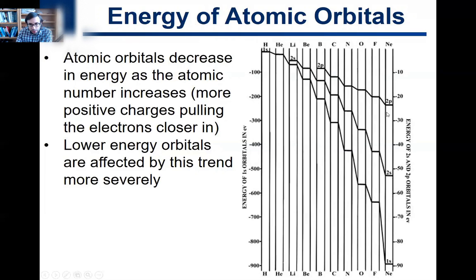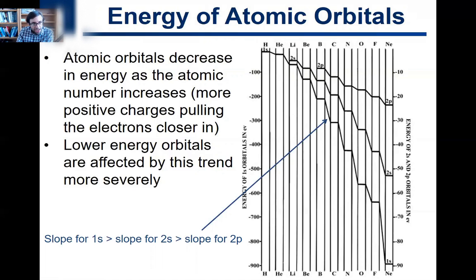And in particular, the gap between two atomic orbitals increases as you increase the atomic number. In other words, we said that the slope of the more core-like atomic orbitals was greater because more core-like atomic orbitals are closer to the nucleus, so they feel this electrostatic influence greater, right?